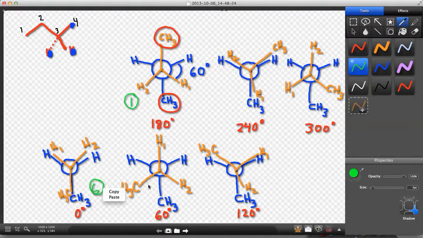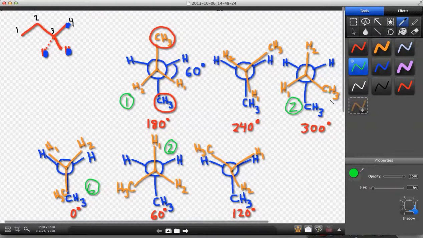But since this is a symmetrical compound, the 60-degree rotamer and the 300-degree rotamer are of equivalent energy. So I'm going to call one of those 2, and I'm going to call the other one 2. There's no difference in the energy of these 2 rotamers.